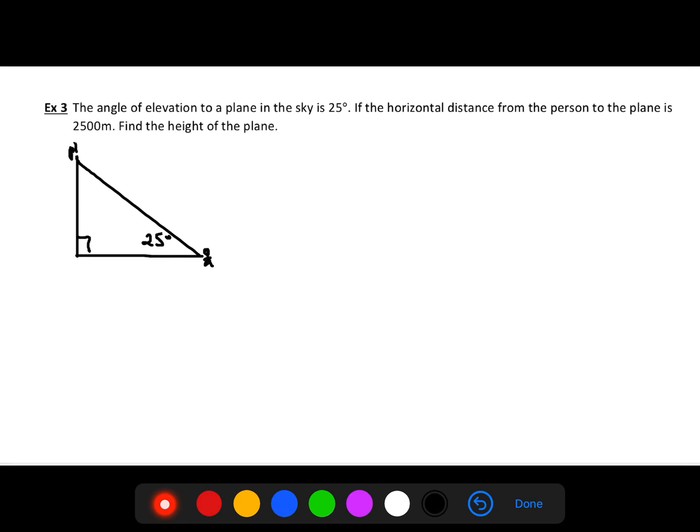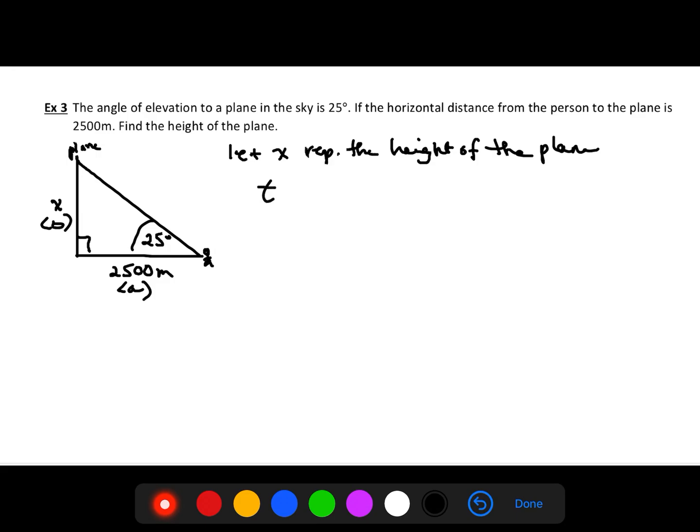We know that the horizontal distance from the person down here looking up to the plane, so the person to the plane, is 2,500 meters horizontally, straight across the horizontal. And what we want to figure out is how high is the plane. That's what our let statement is going to say. Let x represent the height of the plane.